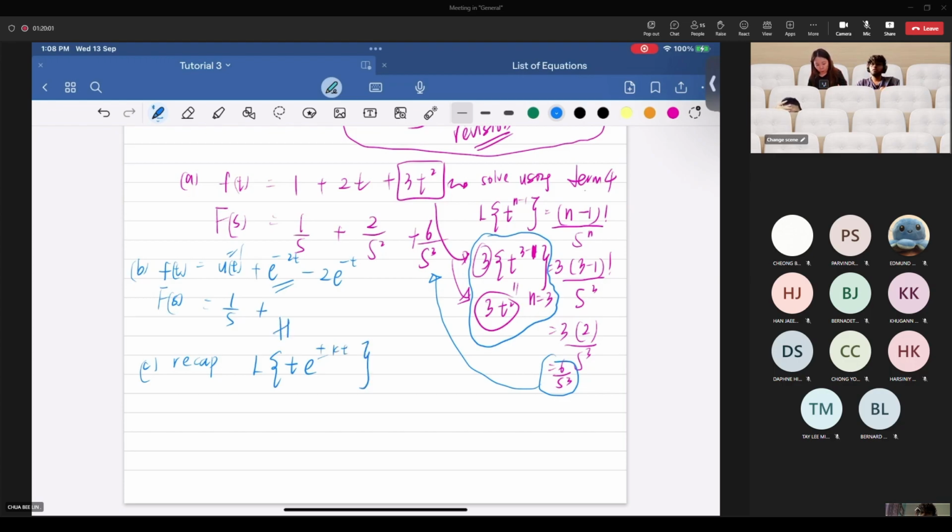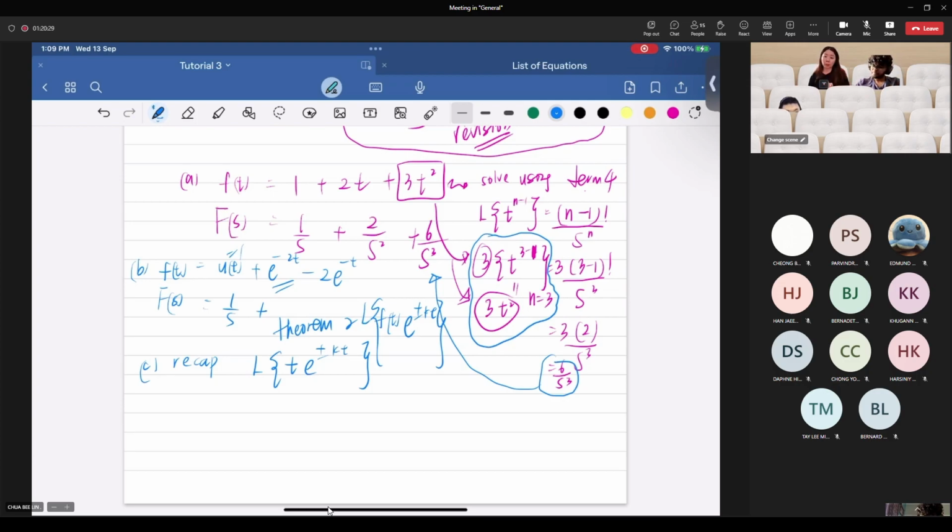So this is the one you have learned in your Maths 2, which is theorem 2, where theorem 2 is, your f(t) is t, means something. Theorem 2 is some function of t multiplied with e plus minus kt. So this is your theorem 2.